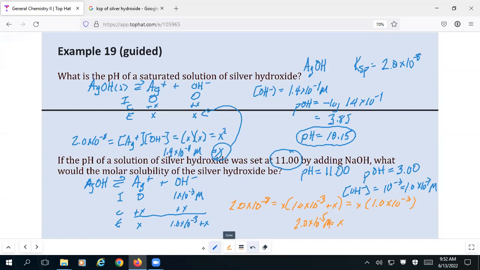So if I took that 2 times 10 to the negative fifth and added it to the 1 times 10 to the negative third, I get 1.02 times 10 to the negative third, which would round away. So our 5% approximation was safe. We were okay.